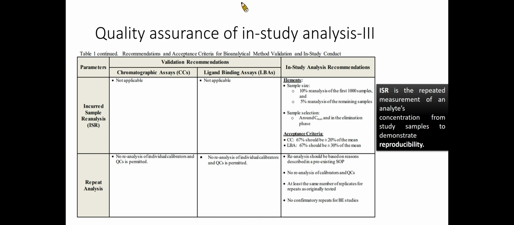All study samples from a subject should be analyzed in a single run, especially for study designs with repeated measures from individual subjects. Incurred sample reanalysis (ISR) should be performed, where the recommendation and acceptance criteria are summarized in this table.